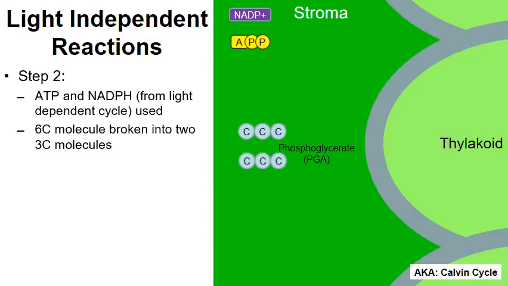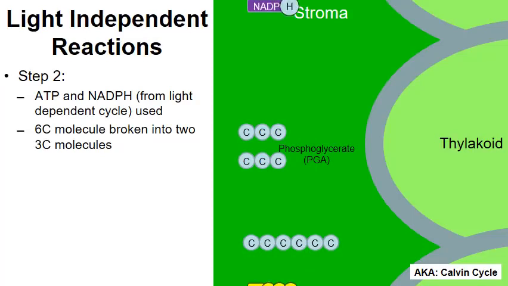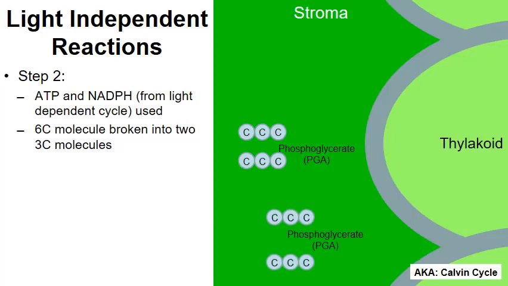By the way, the NADP and the ADP that are left over will be reused and recycled in the next light-dependent reaction. This happens multiple times. Here's another short-lived 6-carbon molecule broken down by NADPH and ATP to make 2 more molecules of phosphoglycerate. And here's another 6-carbon molecule broken down by another NADPH and another ATP to make 2 more molecules of phosphoglycerate.